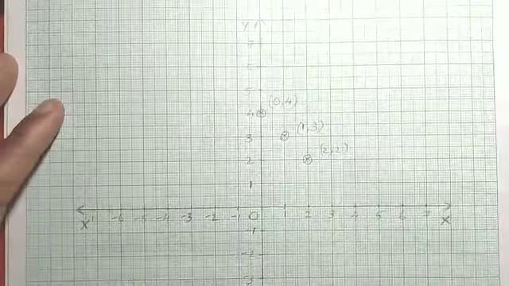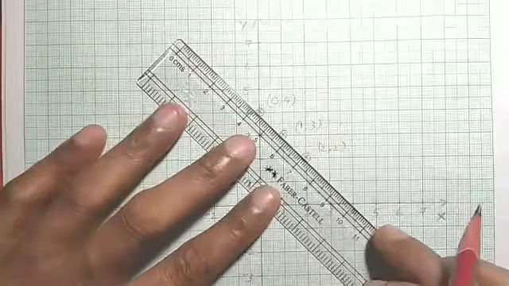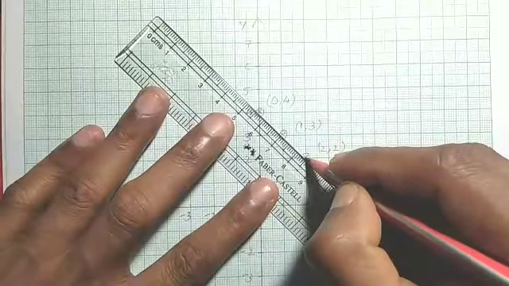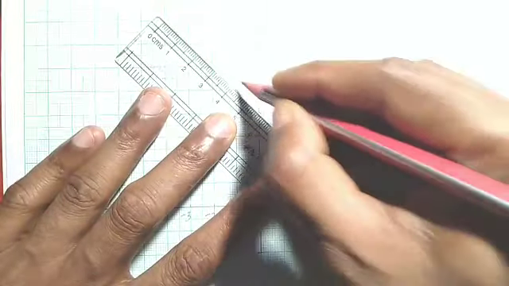Join these 3 points, we will get a straight line. That is the graph of the linear equation x plus y is equal to 4. So here we have to join these 3 points, we will get a straight line.